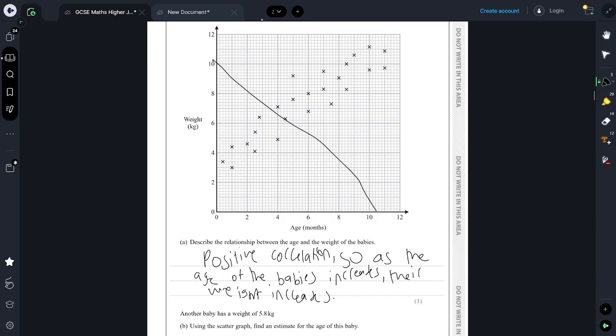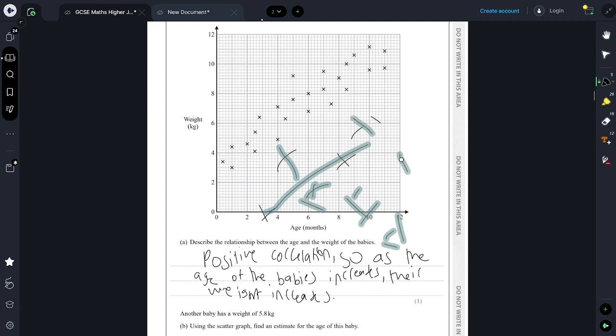As one increases, the other decreases. If they both increase, then it's positive. If the points are all scattered, there's no real trend. It doesn't go up or down. There's no correlation.